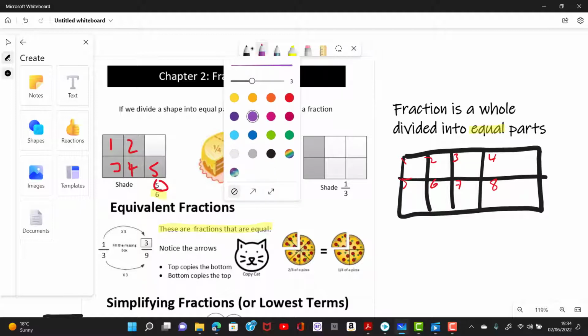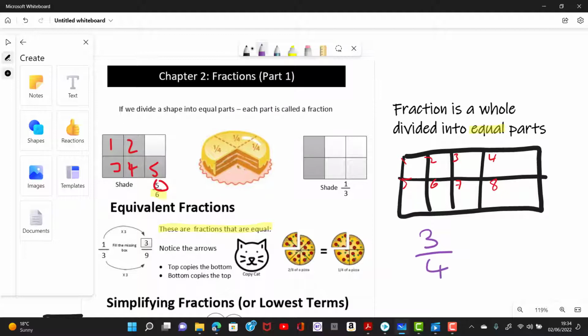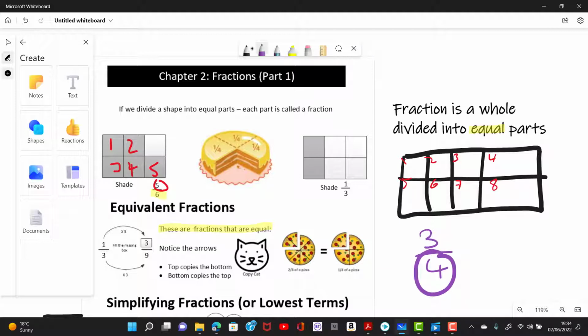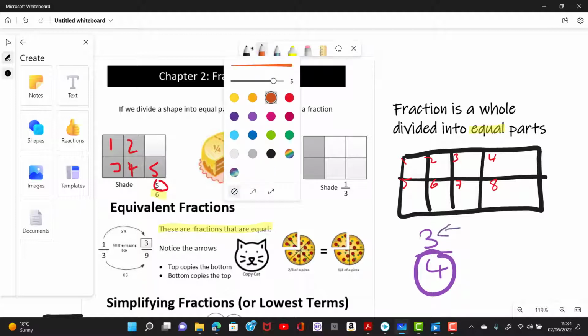And you are asked to shade in 3/4. How would you do that? First of all, the bottom tells you to choose four parts. Those are the 4 parts, and the top number tells you how many you should shade in. So if I choose the top 4, we've got to shade in 3.